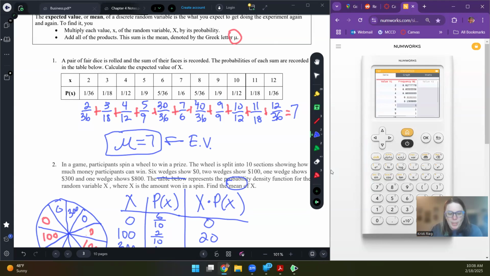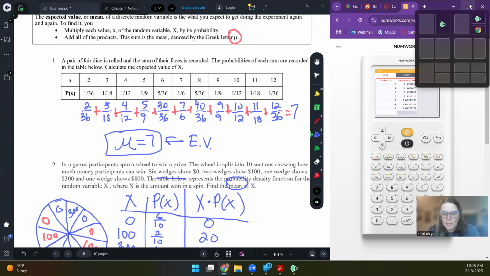Now remember, I'm typing what's in the black type in this table, not what I handwrote, because the handwriting was the work and I just want the raw table. So 7 is 1 out of 6. These are all just long decimals. And then we have 5 out of 36, 1 out of 9, 1 out of 12, 1 out of 18, and 1 out of 36.